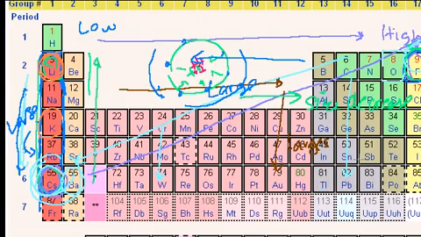So size goes from the bottom right to the top left. Although in general, the things that are in a lower period will have a larger size than most things in a higher period, regardless of what group it's in. But the general trend within a group: the higher the number, the larger the atom. Within a period, the more protons you have, the smaller the atom.